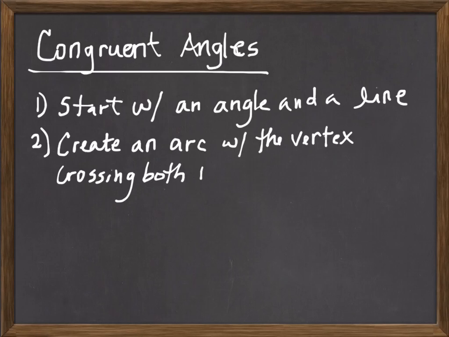Or you could say crossing both sides of your angle, which are our rays. And then what did we do? We measured something. What did we measure? The vertex to one intersection of where the ray intersected the arc.